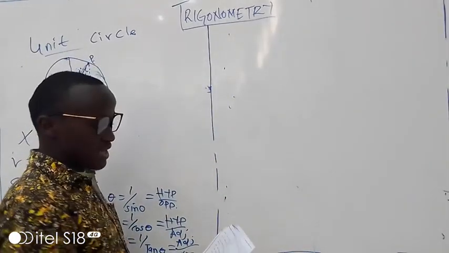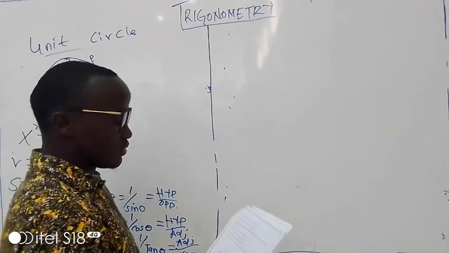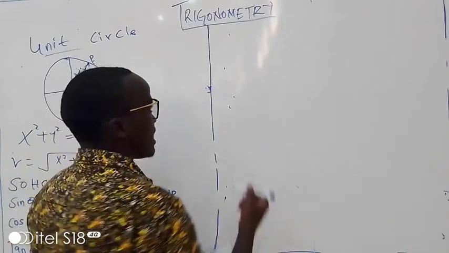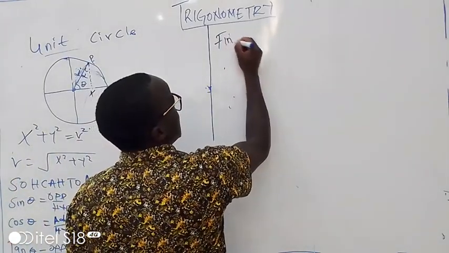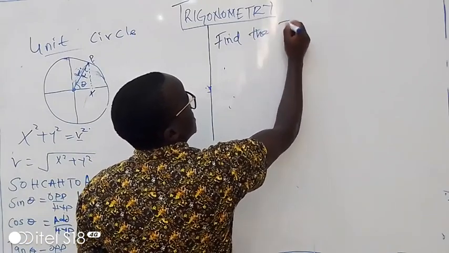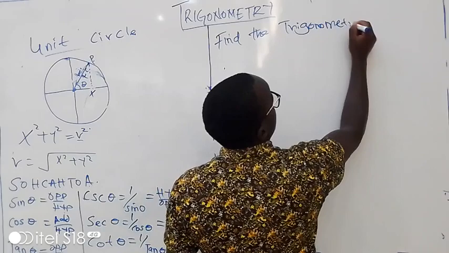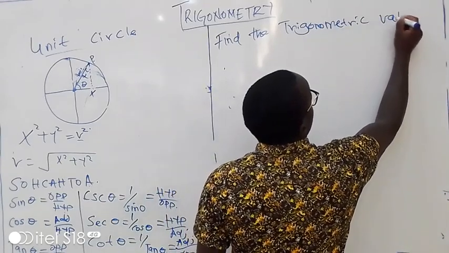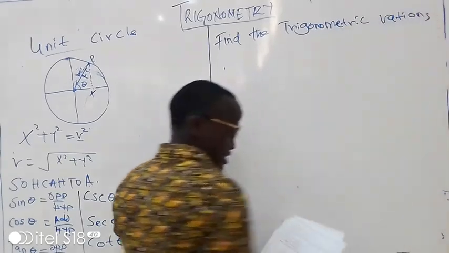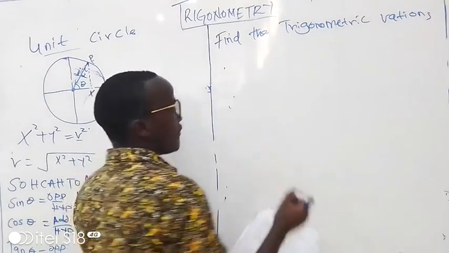Let's take for example, we are told to find the trigonometric ratios of the angle theta.